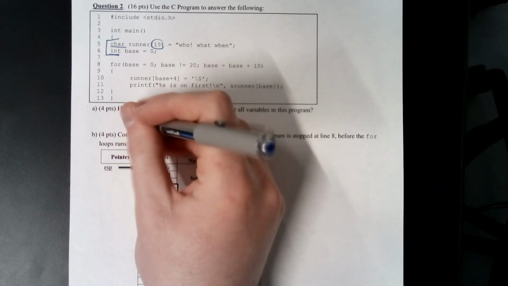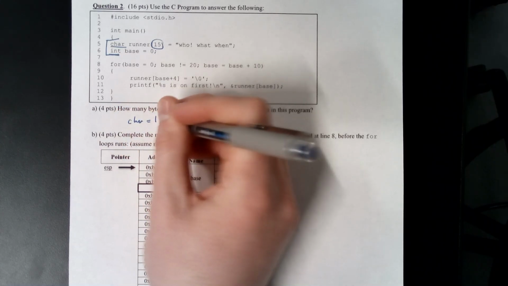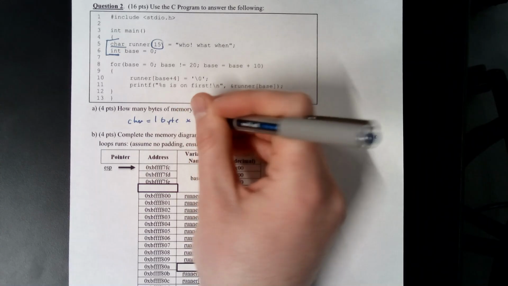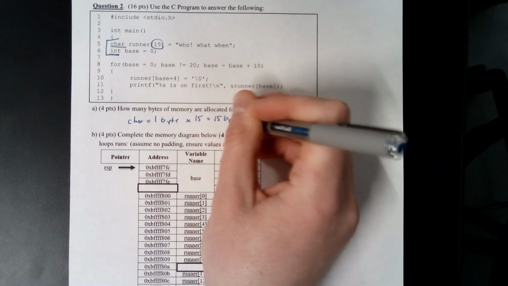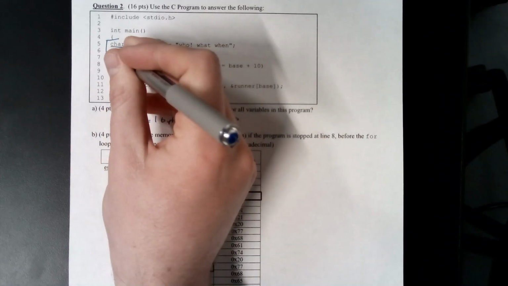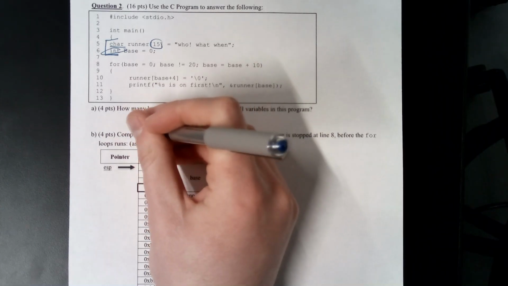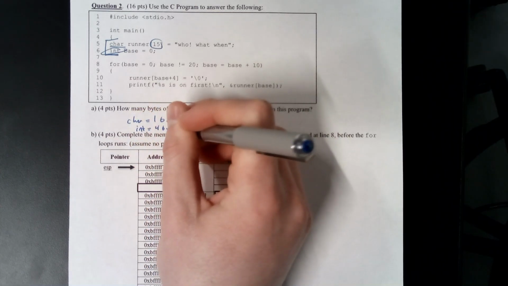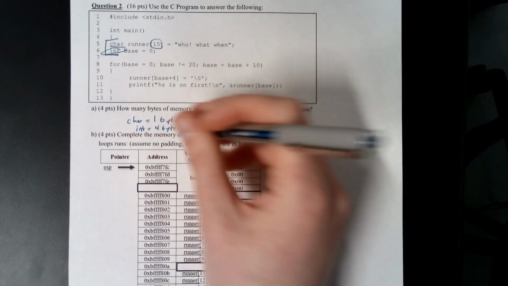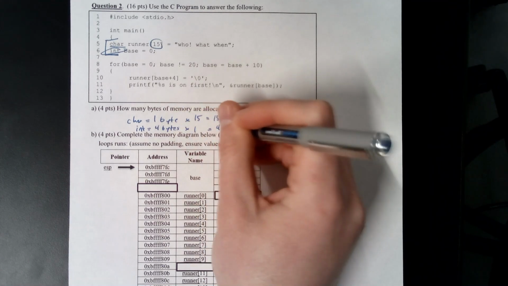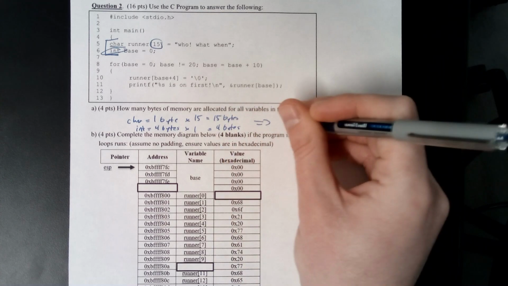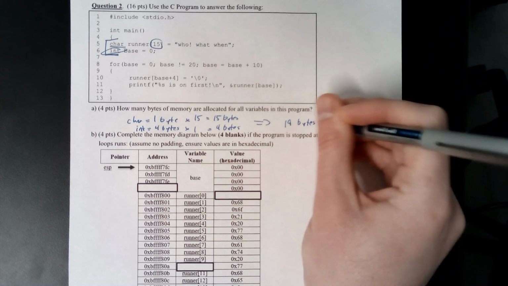So char is 1 byte times 15 equals 15 bytes for that. And then we've got an int, and an int is another 4 bytes. So 1 int is 4 bytes. So in total, we have 19 bytes for this program.